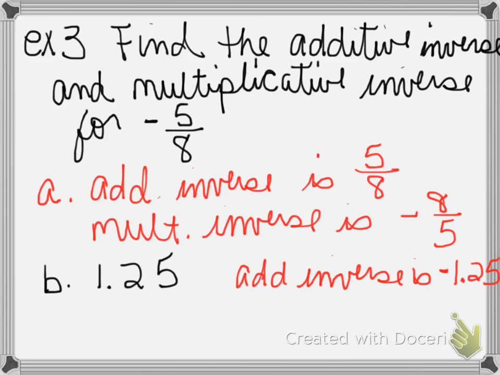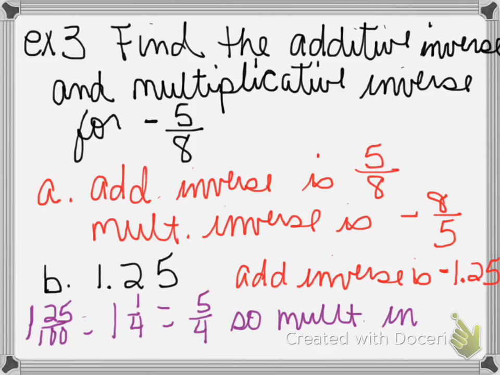To find the multiplicative inverse, the book just flipped it and put it as 1 over 1.25. But then they also turned it into a fraction, which is 1 and 25 over 100. Reduce it, turn it into an improper fraction, and then take the multiplicative inverse of that.